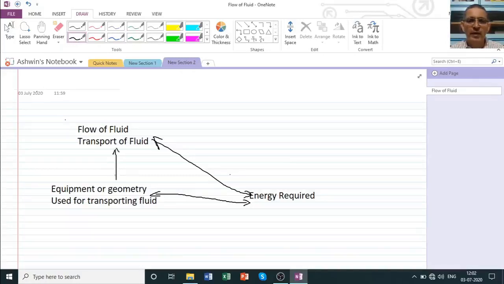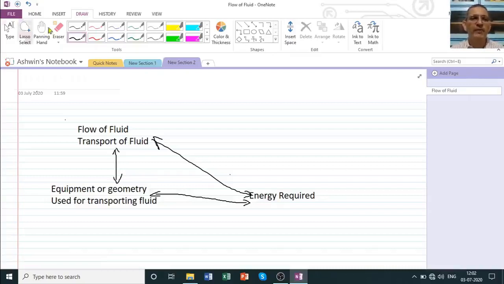Depending on what flow rate of fluid I want, I should choose a particular equipment. If I have to just transport 5 ml of water, I won't put a pump. I'll just go down and get it up in a cup. But if I have to transport 100 meter cube of water in a day, I can't do it in a bucket. I have to have a pump for transporting fluid.